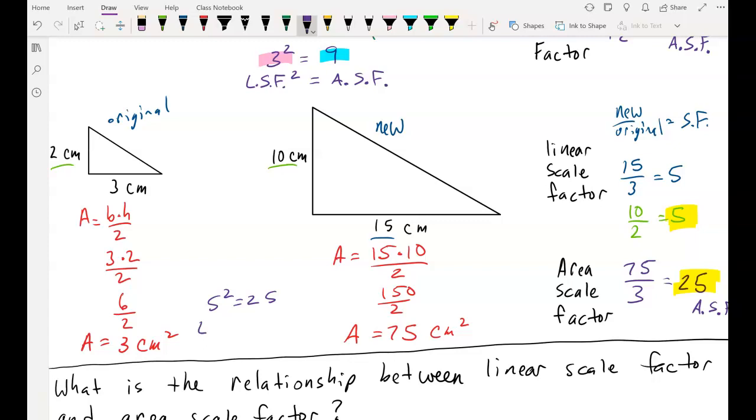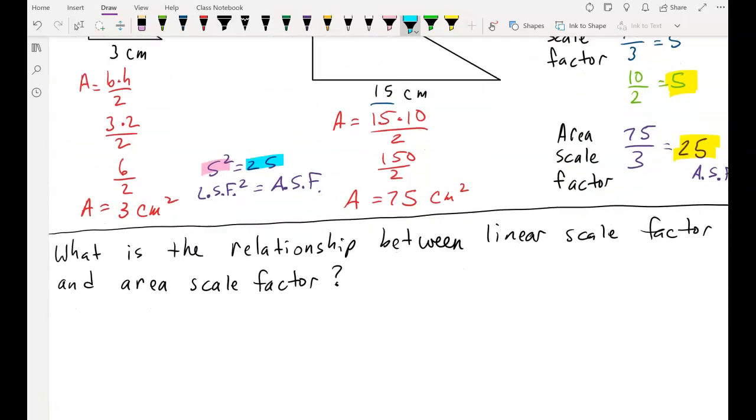So in this case, the linear scale factor, when we squared it, equaled the area scale factor. 5 squared is 25. Interesting relationship. So what is the relationship between the linear scale factor and area scale factor? Let's answer that really quickly here.